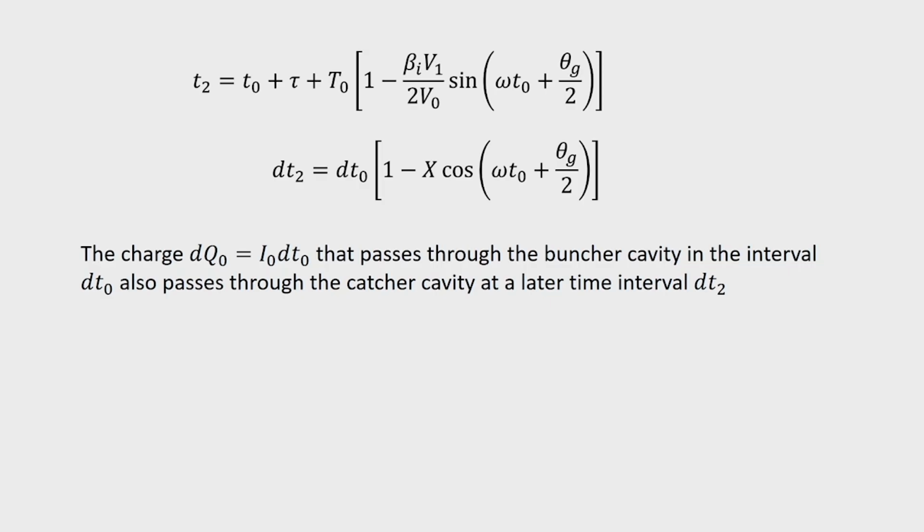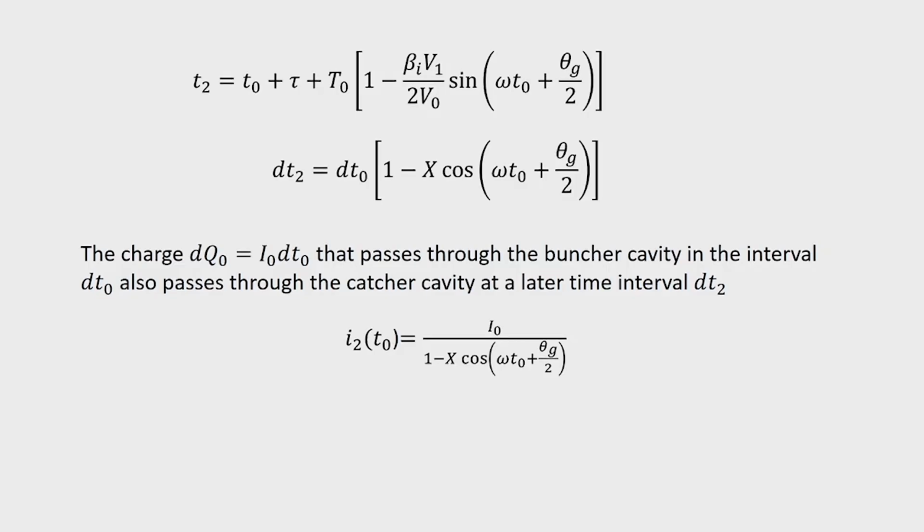The same amount of charge will appear at the catcher cavity at a later time interval dt2, and therefore I2 into dt2 will give the same amount of charge that has passed through the catcher cavity, and we can write I2 as a function of T naught is equal to I naught divided by 1 minus x cos omega t naught plus theta g by 2.